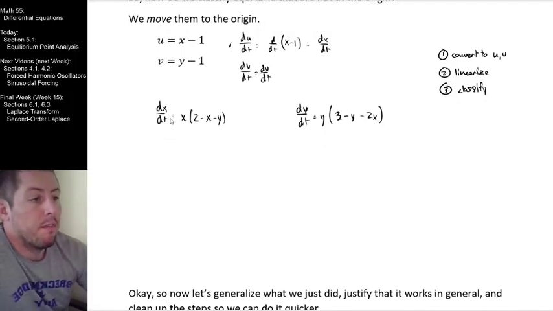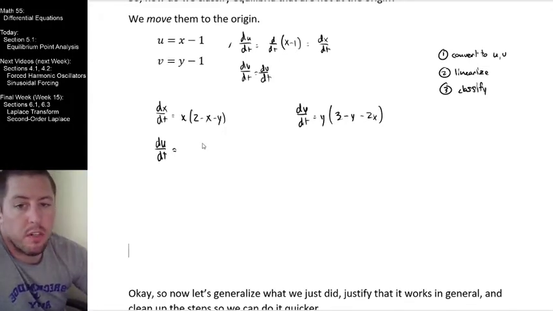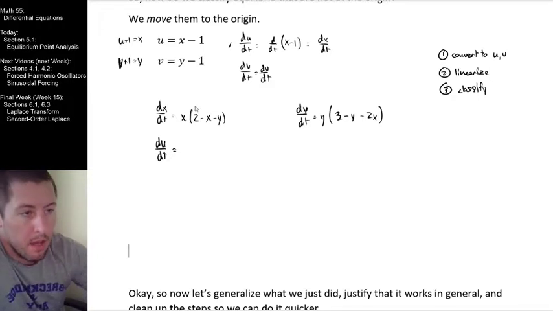One thing I see is dx/dt is literally the same thing as du/dt because we only performed a shift, so our derivatives stay the same. It's also going to be very helpful to write these as u plus 1 equals x and v plus 1 equals y.